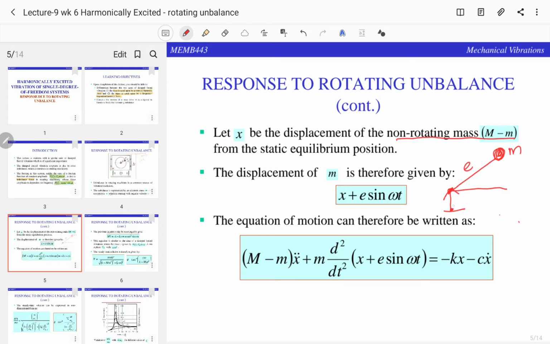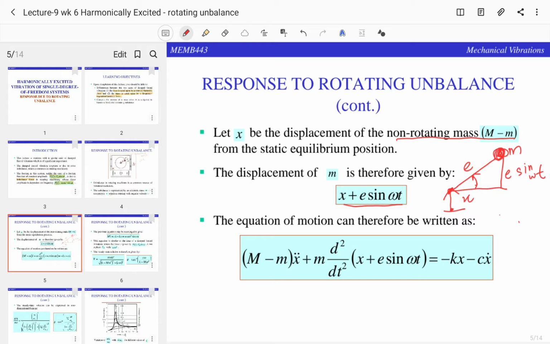So this is x, and there is another angle of rotation here. If you want to draw it here, basically this displacement is e sine omega t. So the displacement of this m is actually x plus e sine omega t. That's how it displaces.